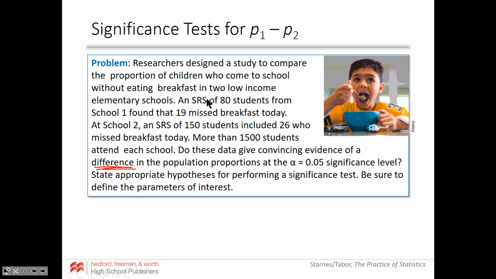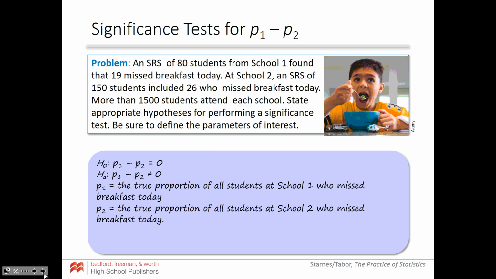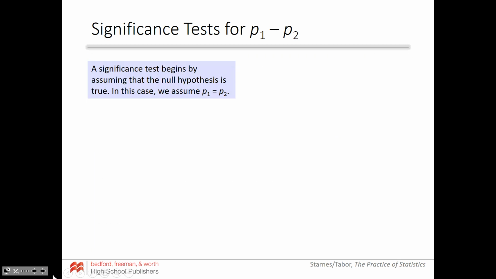So again, when we state our hypotheses, we don't look at the actual sample data. We look at the question that's being asked. And we defined our parameters of interest right here. So there's our hypotheses. Keeping in mind with any hypothesis test, we're assuming that the null hypothesis is true.